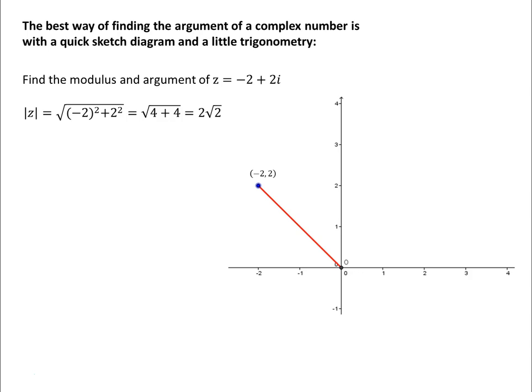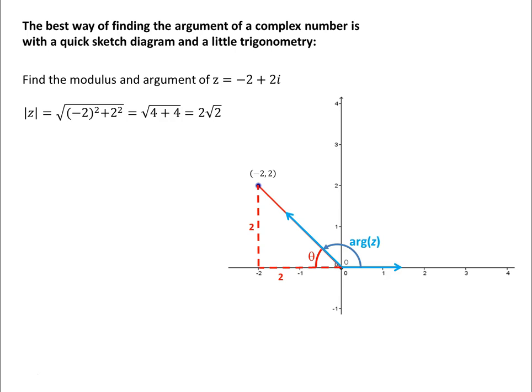For the argument, we need to remember that we measure the argument from the positive x direction at the origin and off to the point representing the complex number. So in this case, the argument is an obtuse angle. So what we're going to start off by doing is working out the acute angle in this triangle.